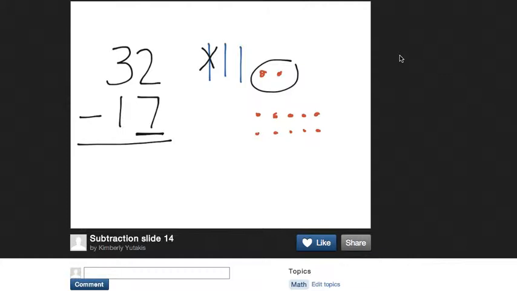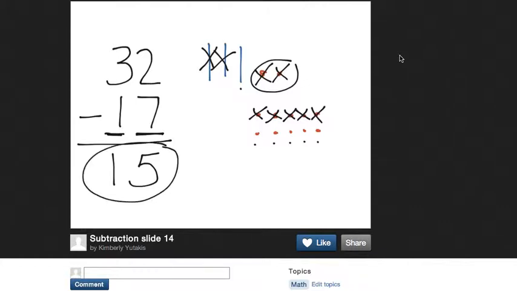So I'm going to cross them out, and we'll get rid of 1, 2, 3, 4, 5, 6, 7. Okay, and now we still need to subtract our tens place, and I have to subtract my 1 ten. And now we can count what we have left. So we have 1 ten and 1, 2, 3, 4, 5 ones for a difference of 15.